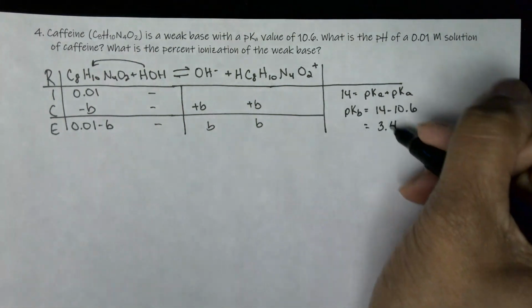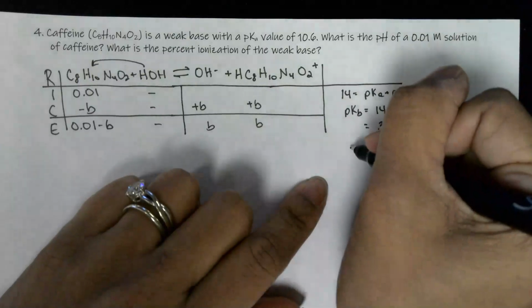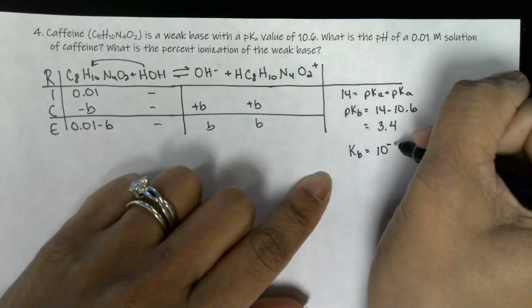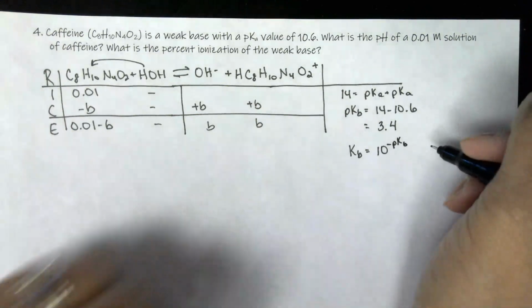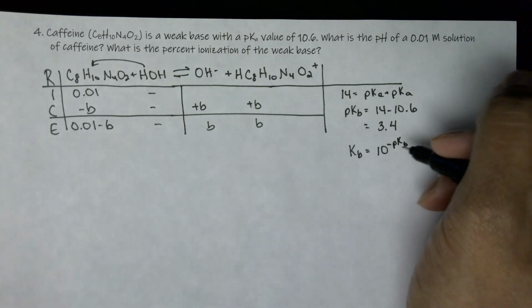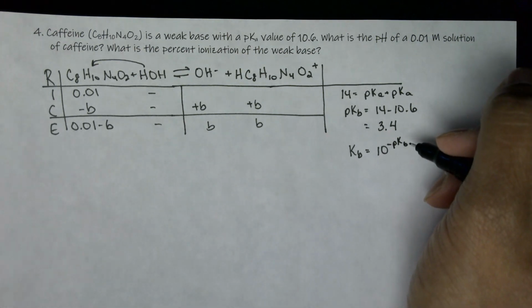So that is my pKb, but now I want to find my Kb. So my Kb is equal to 10 to the negative pKb. And again, this is the same type of relationship as we learned before about the concentration of H plus and the pH.